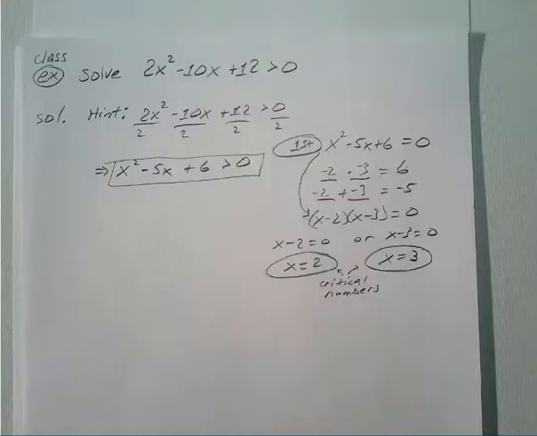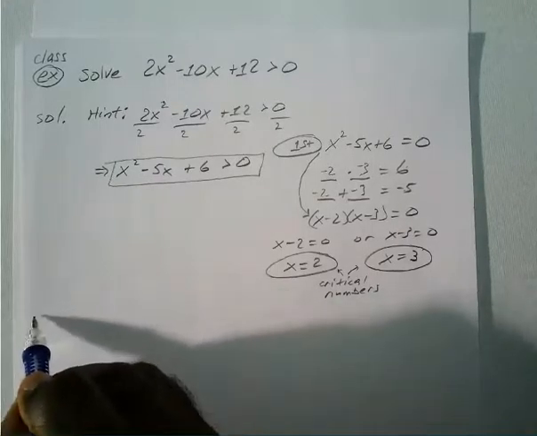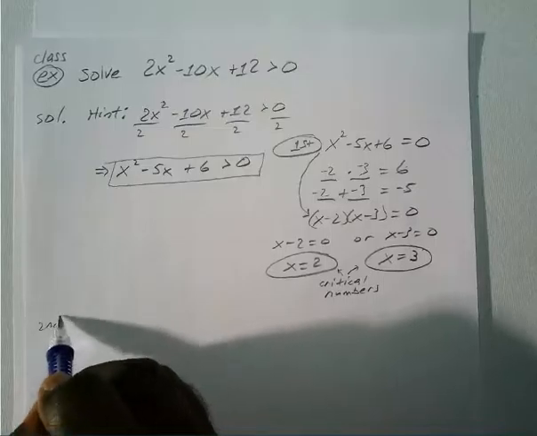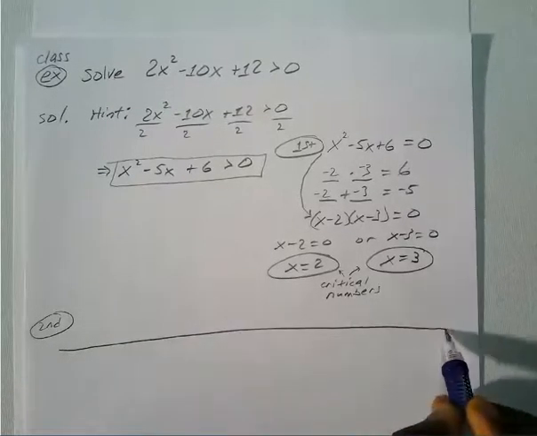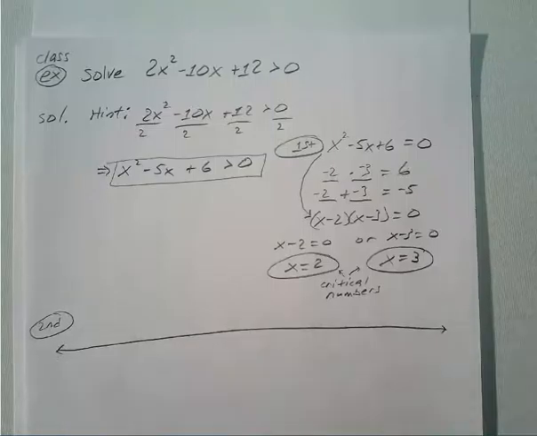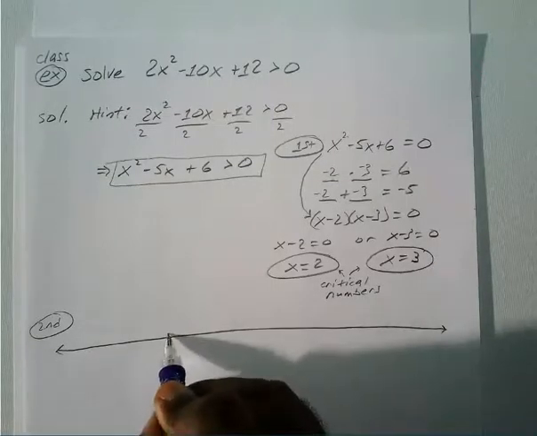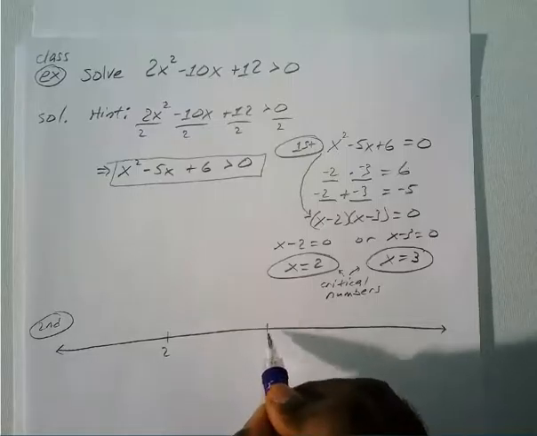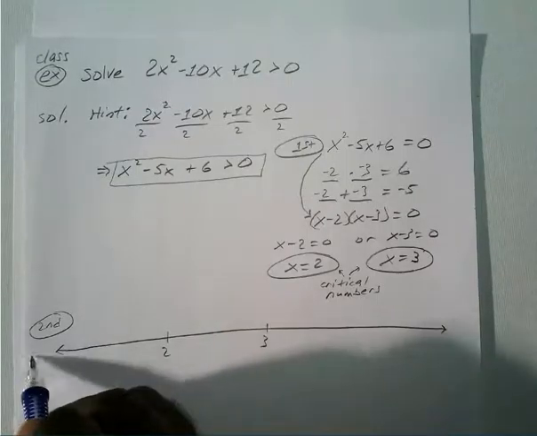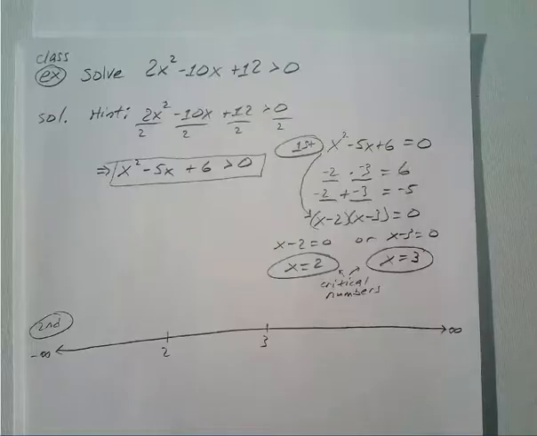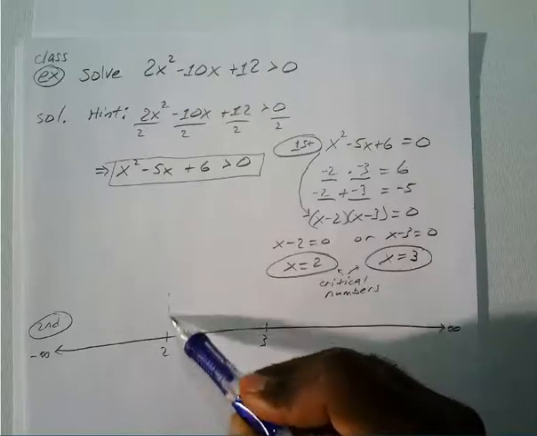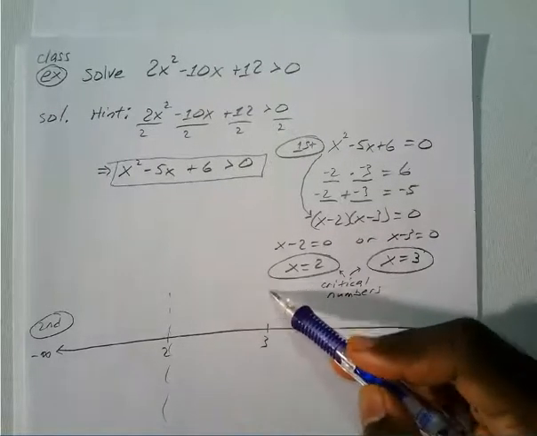So that brings us to our second step, which is drawing it on the number line. So we have 2 and we have a 3, and again, that goes from negative infinity to infinity. So just drawing the little separator here.